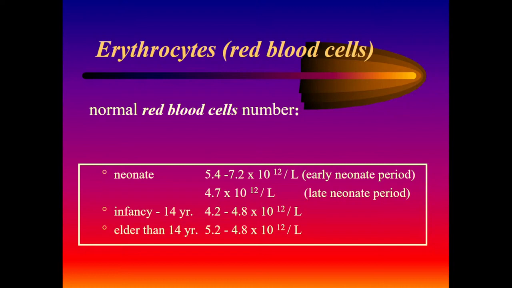In the late neonatal period, on average 4.7 times 10 to the 12th per liter. These are the normal parameters. You must remember them.